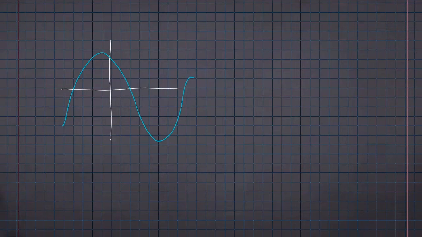Let's try that again. All right, let's draw some coordinate axes. And to make it stand out, I'll even use a different color. Let's say we have a fourth, maybe fifth degree polynomial. So the graph of the polynomial might look something like that.